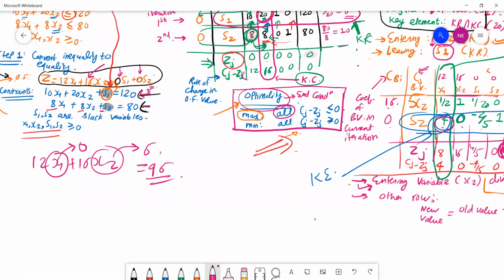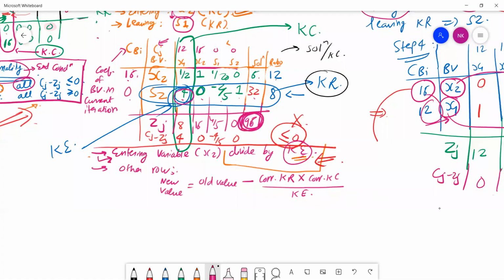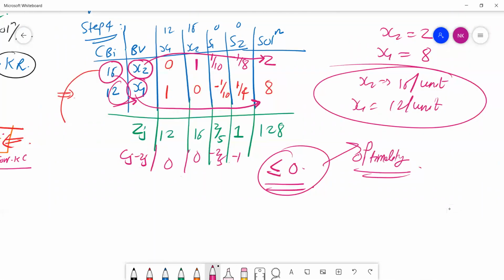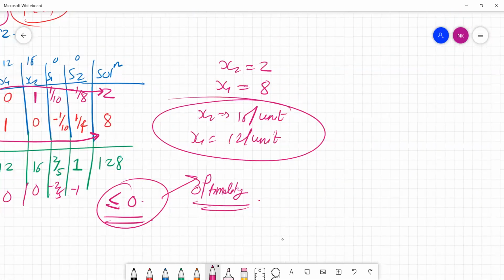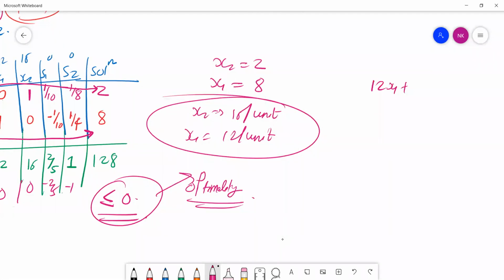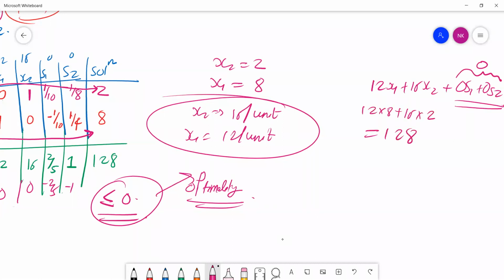Let me write the objective function to be 12x1 plus 16x2 plus 0s1 plus 0s2. If you write it, it will be okay. If you don't write it, it will also be okay, because anything multiplied by 0 will be 0 itself. So 12 multiplied by 8 plus 16 multiplied by 2, it will be 128. That is the answer that we have obtained over here also.